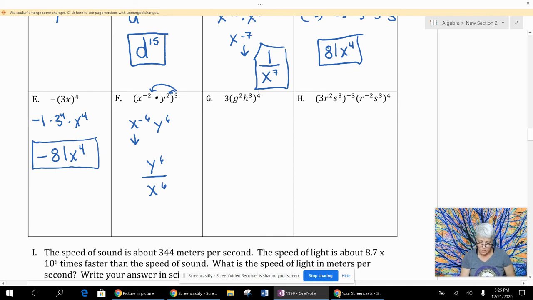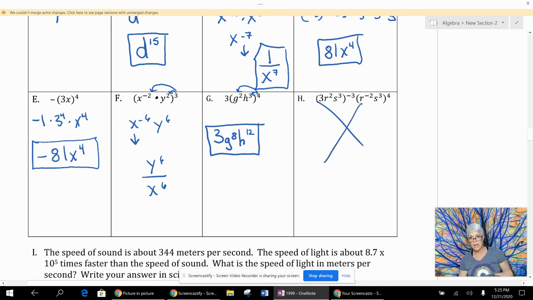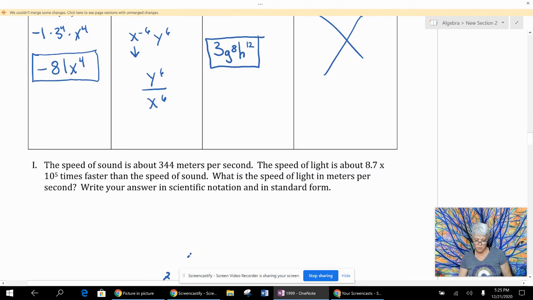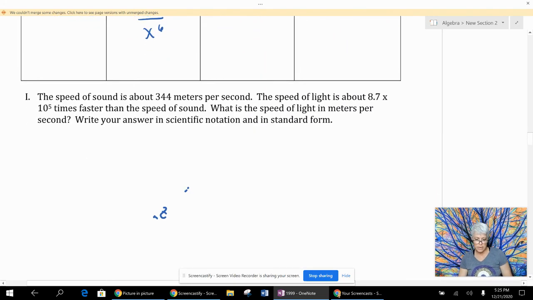And this one is going to distribute to these two, but not to the 3. So I have 3 g to the power of 8, h to the power of 12. The next one we're not going to do because it actually has division in it, and we haven't learned that yet, so it shouldn't be there. It's a mistake.